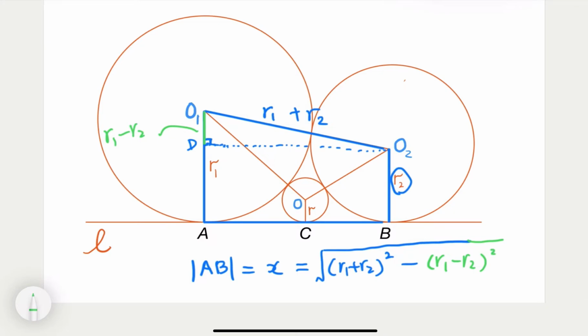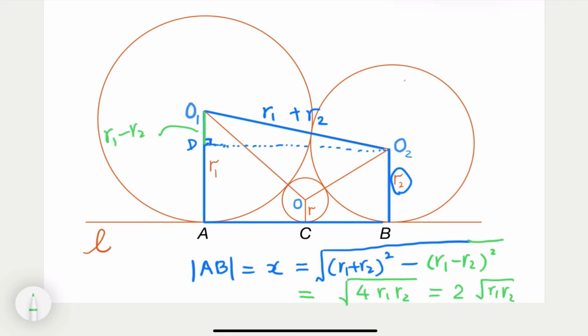When you work out, this is going to be 4 R1 R2, and square root, so x is going to equal 2 square root of R1 R2. All right, that's okay. Now, however, we want to prove the relation here with R1 and R2.